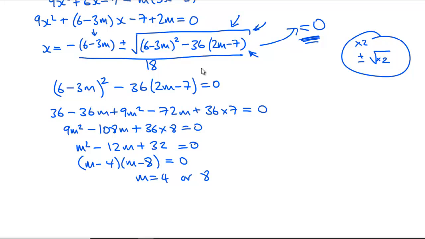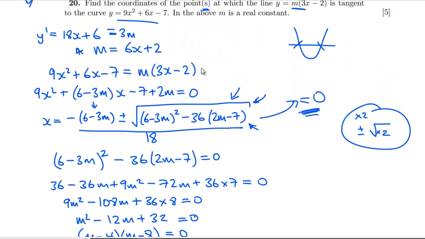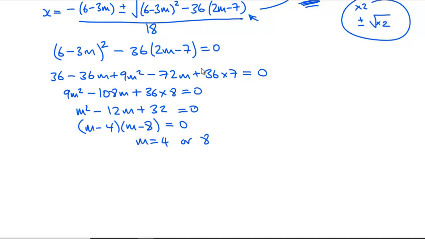What else did we say about m? m is 6x plus 2 from the gradient. So 6x plus 2 is equal to m. In this case x is going to be equal to 1/3, and here x will be equal to 1.